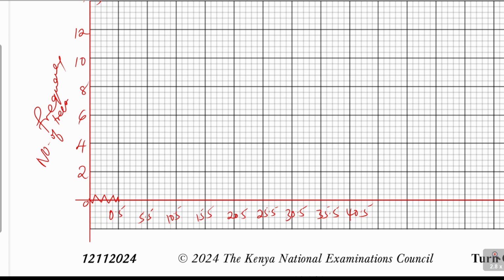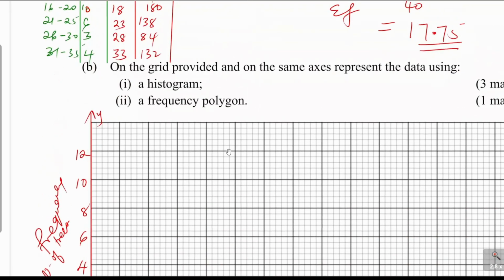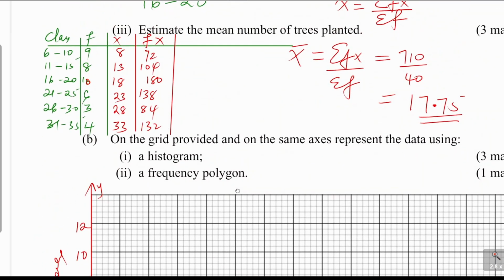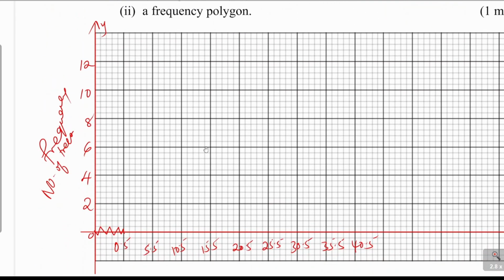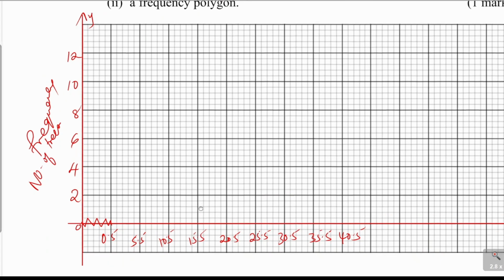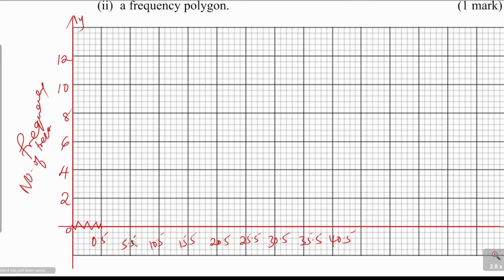So the first class is 6 to 10, the frequency is 9. 6 to 10 starts from 5.5, that is the lower class boundary, to 10.5. So that one is 9. 9 is in the middle, exactly the middle of 8 and 10.